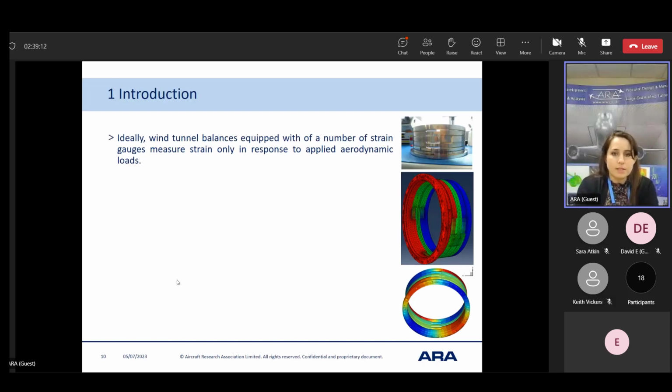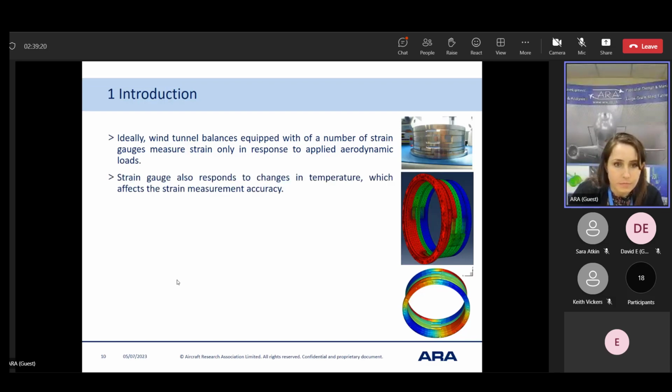So wind tunnel balances have a number of strain gauges, and ideally they should only measure the applied aerodynamic load. However, the strain gauge also responds to changes in temperature, which affects the strain measurement accuracy.